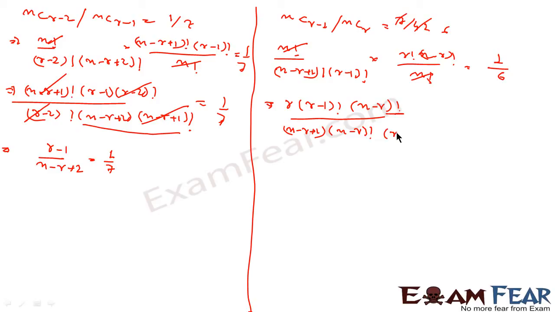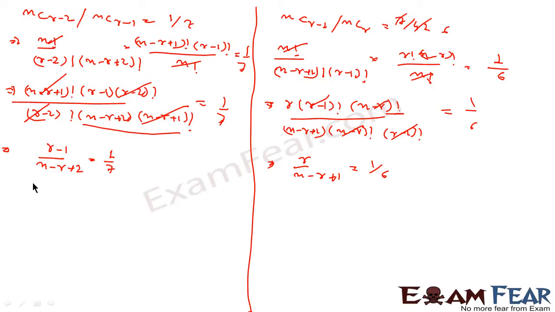And (r-1) factorial I can let be the same because I can cancel this, so it becomes 1 by 6. So let me cancel (n-r) factorial. So what I get is r by (n-r+1) is equal to 1 by 6.